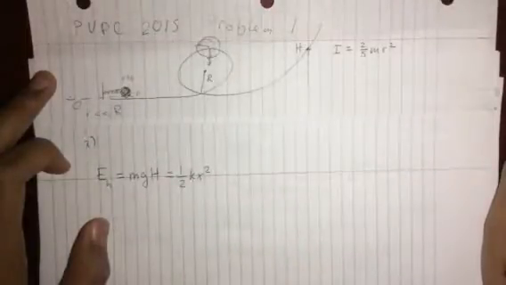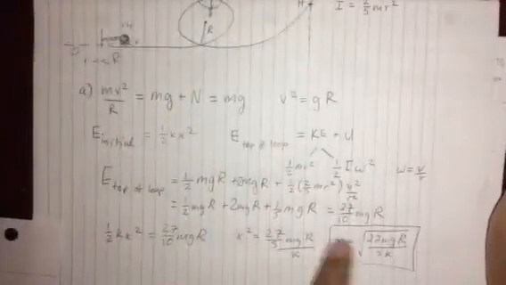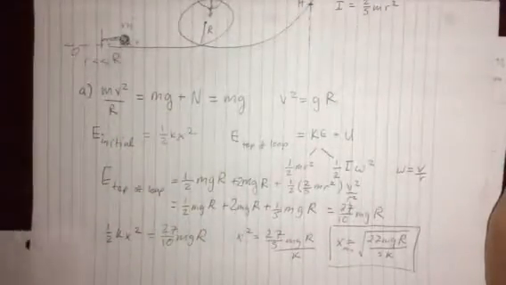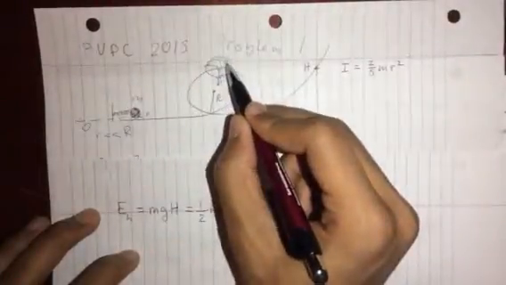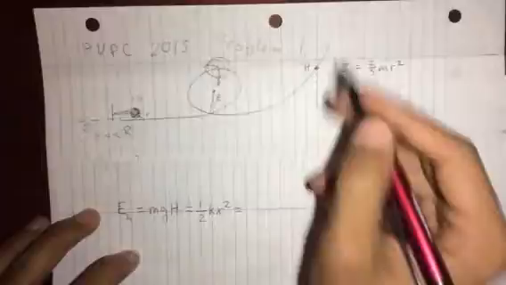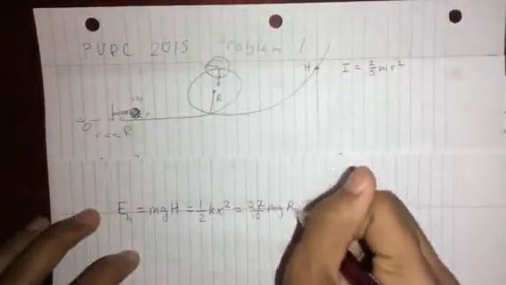One thing we could do is solve for x and plug it back in. But I think what's easier is, we know that energy is conserved, so it's also equal to the energy at the top of the loop, which was 27 over 10 mgR.